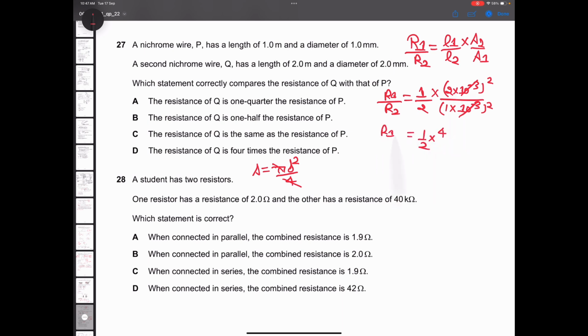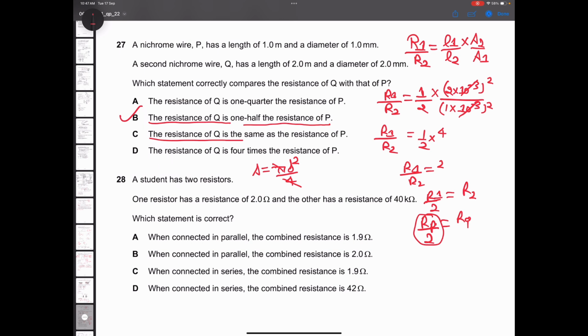So R1 by R2 is equal to 2. So R1 over 2 is equal to R2. Means resistance of P divided by 2 is the resistance of Q. So the resistance of Q is 1/2 the resistance of P, right? So the correct answer will be B.